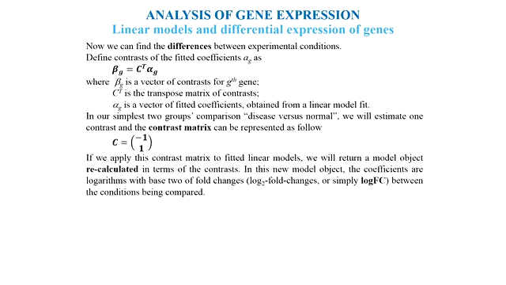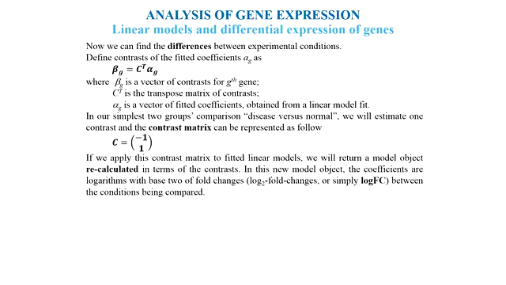Now we can find the difference between experimental conditions. Define contrasts of the fitted coefficients as shown in this slide. In our simplest two-group comparison, disease versus normal, we will estimate one contrast, and the contrast matrix can be represented as shown in the slide.